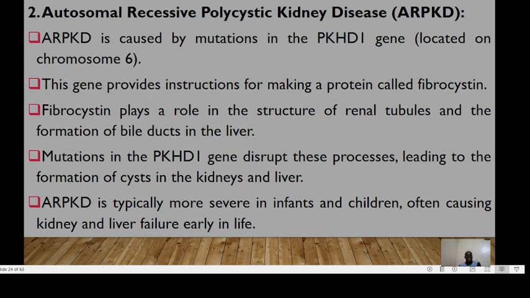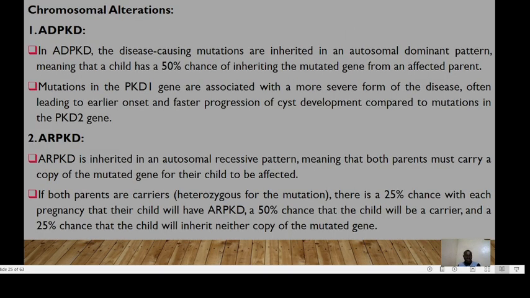Mutations in this gene disrupt this process, leading to the formation of cysts in the kidneys and the liver. Autosomal recessive polycystic kidney disease is typically more severe in infants and children, often causing kidney and liver failure early in life.